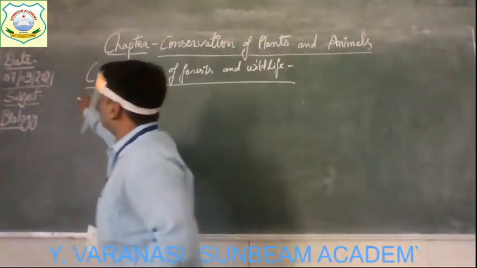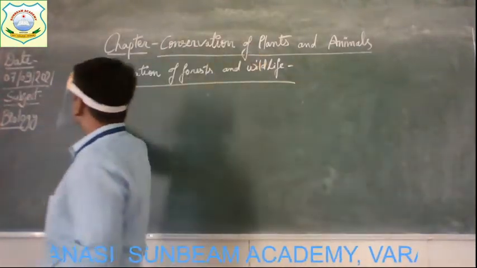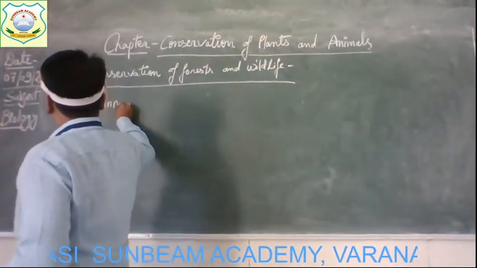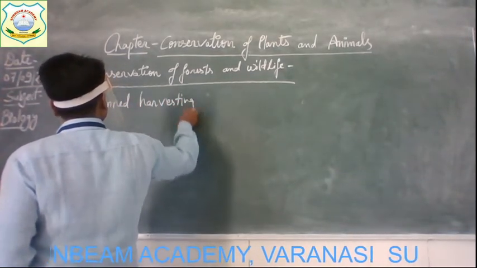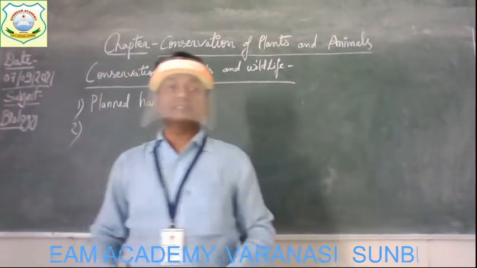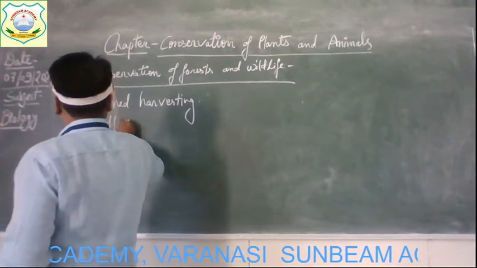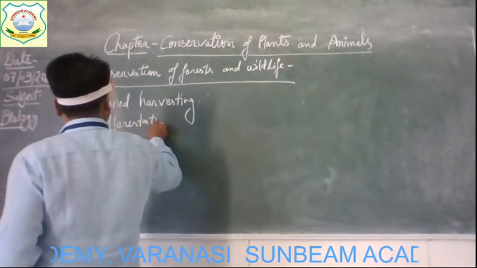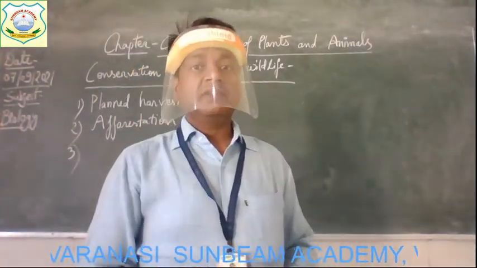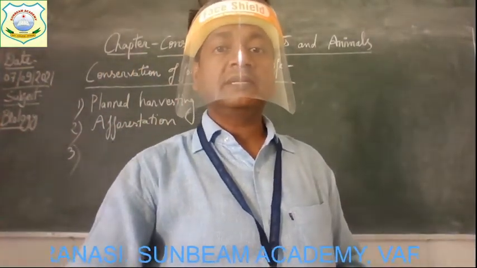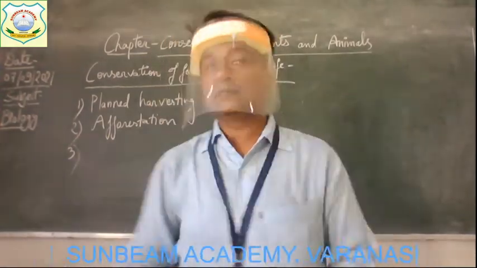Like we have discussed the first method, that is plant harvesting. We have discussed the second method, that is afforestation. And after that, we also have discussed the third method, that is protection from forest fires.